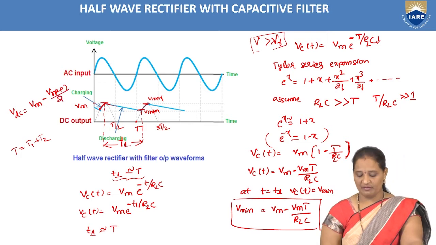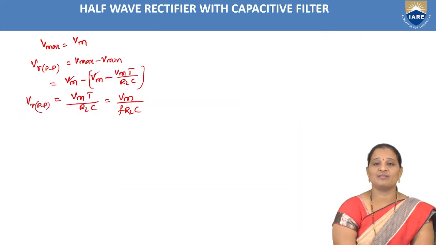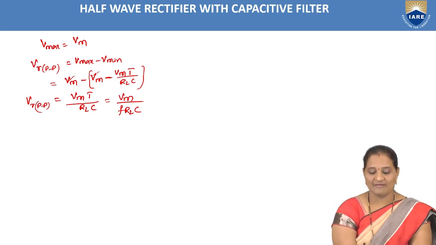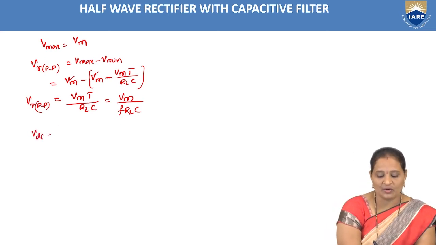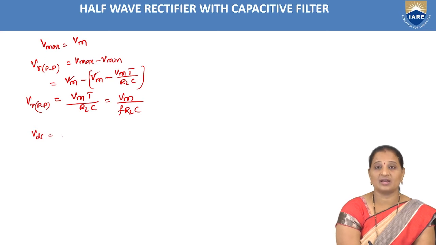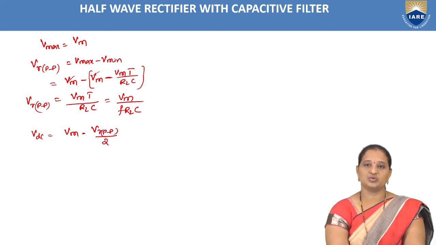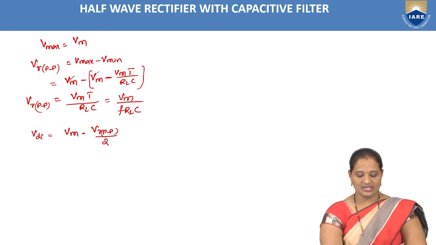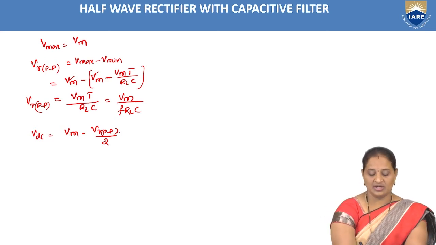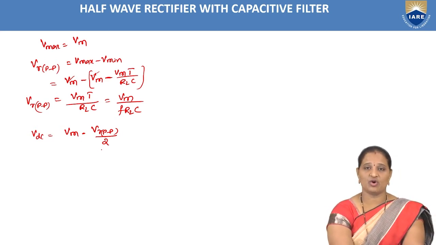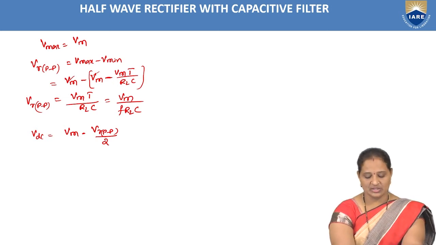You always know that the DC value can be calculated from the average. So the DC value, or else the average value of that ripple voltage, can be given by Vmax minus VR peak to peak divided by 2. So this is the DC value of the ripple voltage, or else the voltage across the capacitor.